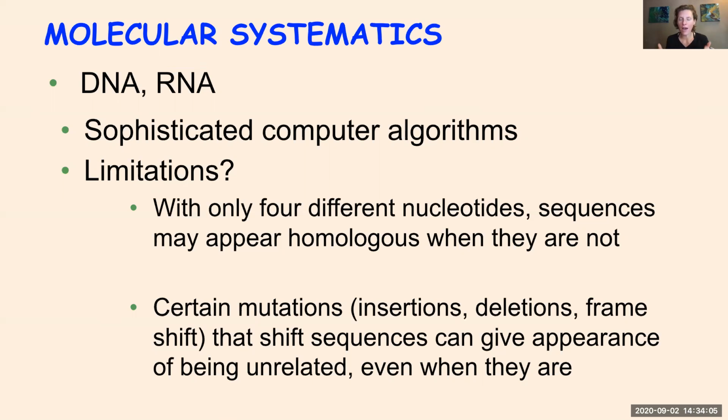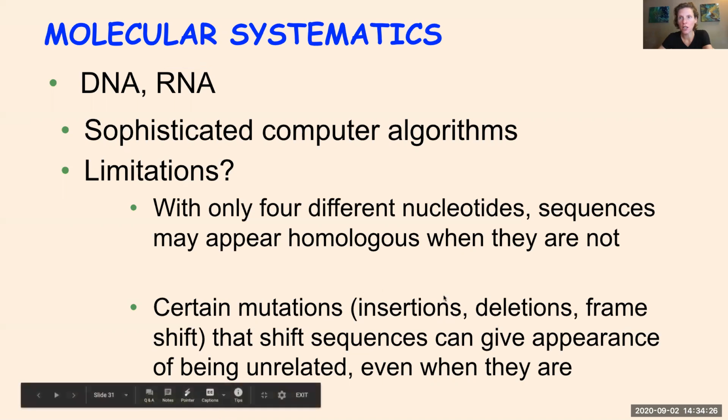Sorry, if you have mutations or changes in the DNA, you might find that species appear like they're not similar. They don't have as much similar DNA as you would expect because of the mutations and frame shifts and big insertions of chunks of DNA or moving DNA around, which is actually fairly common in many organisms over time.